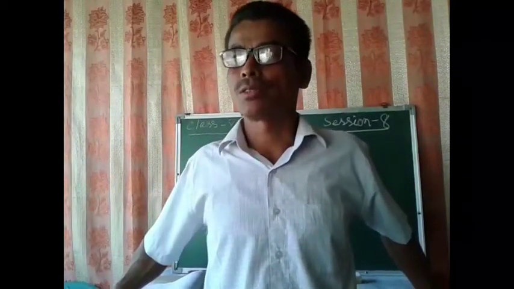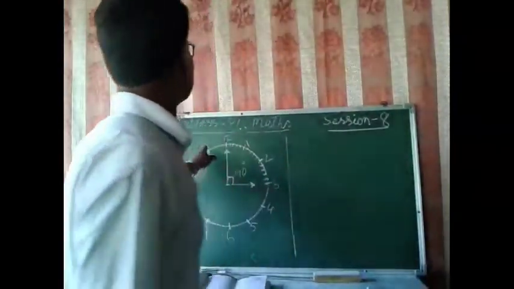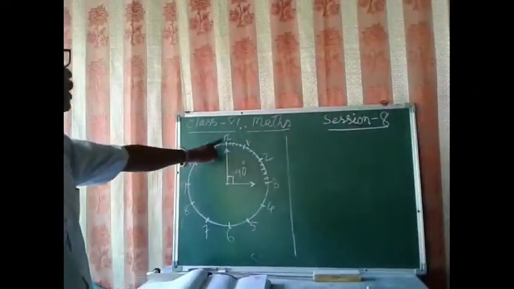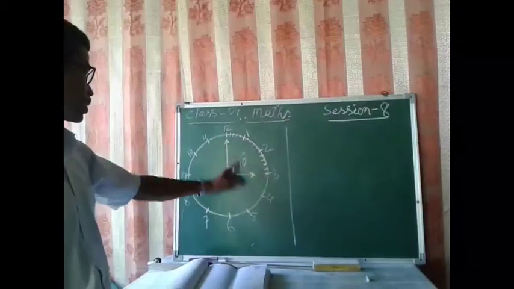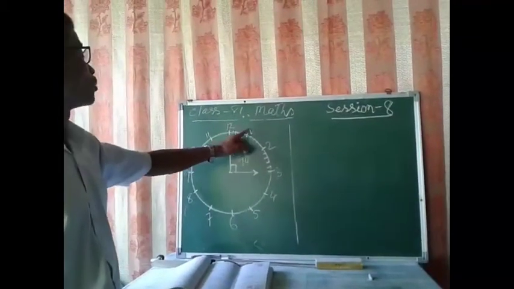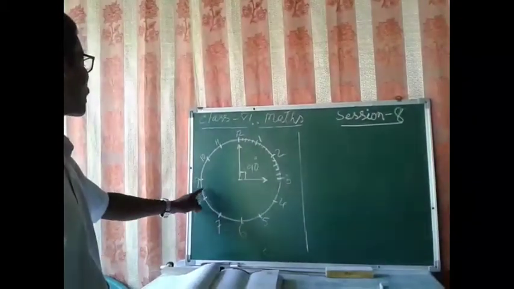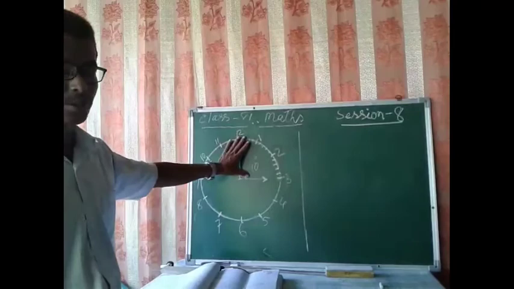Now dear students, remember a clock dial. In a clock dial there are 12 hours. If you go in the clockwise direction, from 12 to 1, this is 1 hour, 2 hours, 3 hours, 4, 5, 6, 7, 8, 9, 10, 11 and 12 hours.